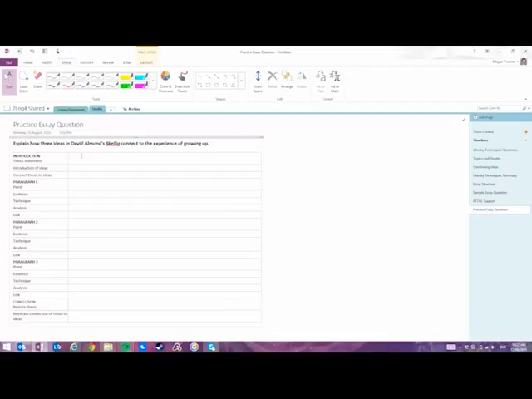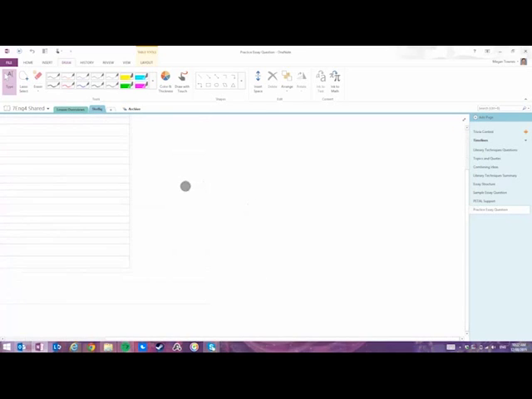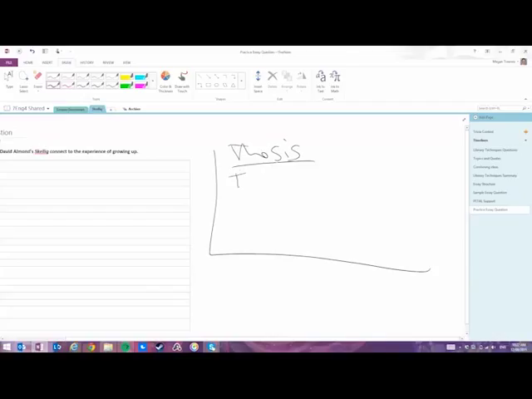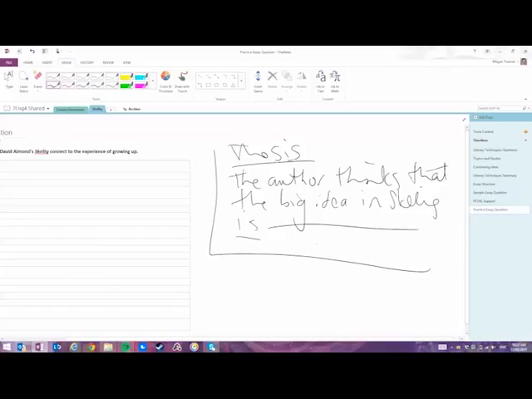But before you even get to starting to complete all of these boxes, what you do need to do is plan your essay. So make sure you come up with that big thesis statement, and remember to use the words, the author thinks that the big idea in Skellig is, and then you can come up with what you think David Almond thought was the big idea.